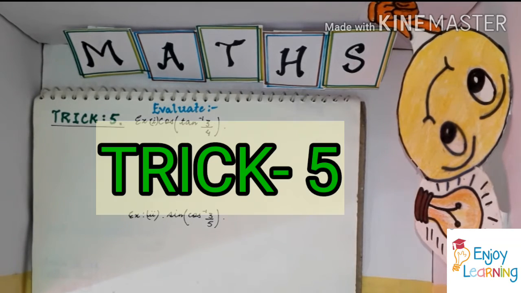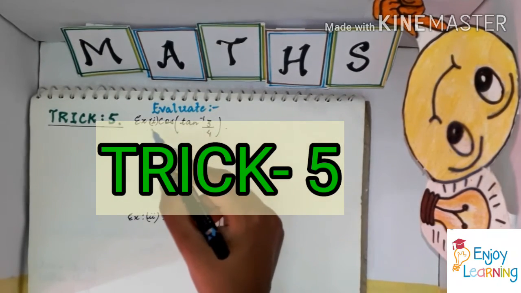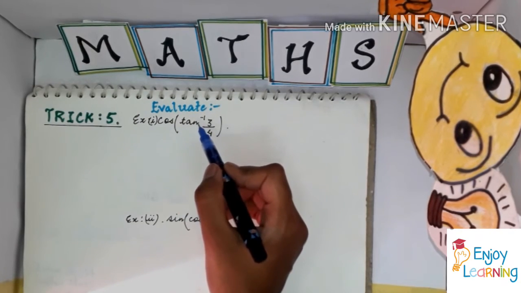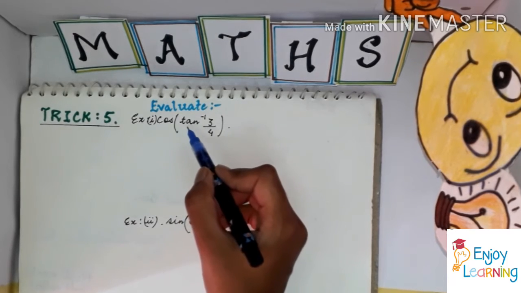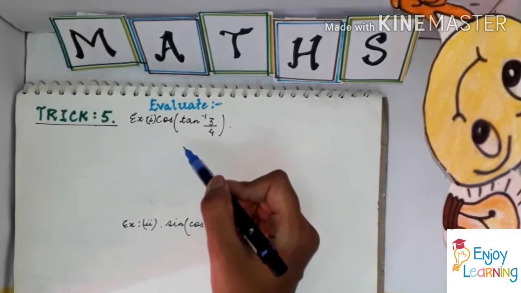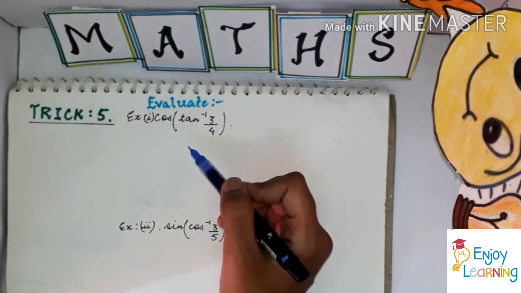Let's see trig 5 for type 5. In this type of question, again you are getting an inverse trigonometric function and a trigonometric function together. But here both of them are different. So now what to do? Don't get panic. Here also you have to use the same set of properties, but you have to do a bit of conversion.